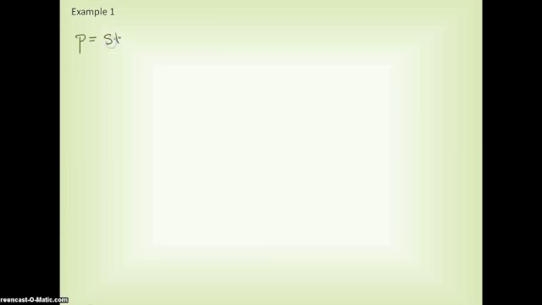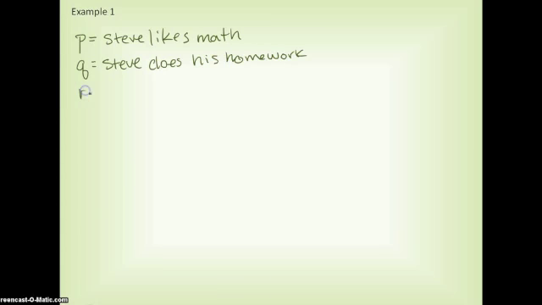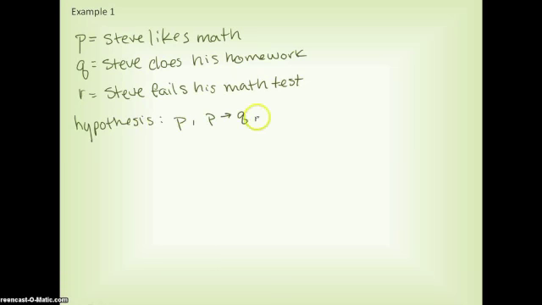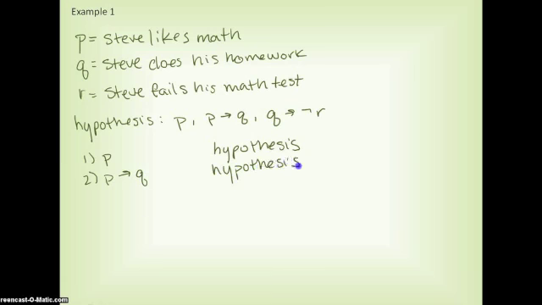Let P be the proposition, Steve likes math. Let Q be the proposition, Steve does his homework. Let R be the proposition, Steve fails his math test. The hypothesis in this case would be P, P implies Q, and Q implies not R. To construct this argument, we first start with P, and P implies Q. From this, we get Q from modus ponens of 1 and 2.